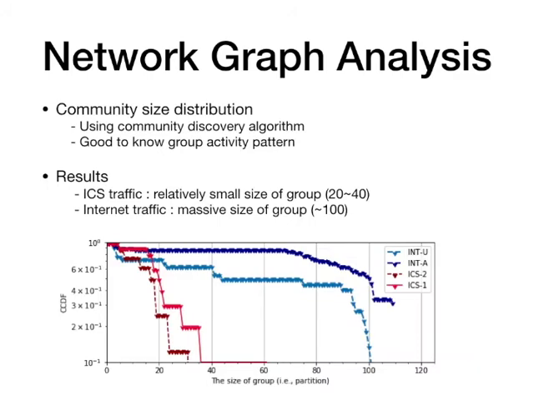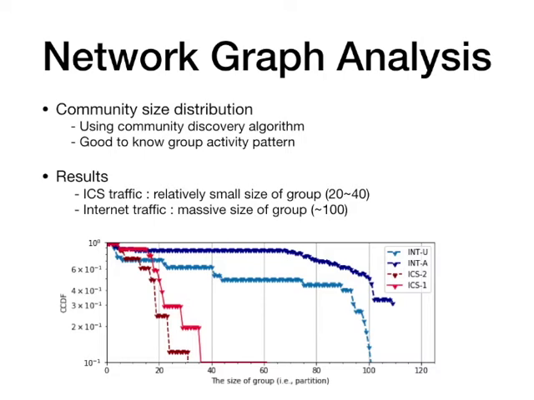We first work with communities. The community discovery algorithm is widely used in many graph analysis researches, so it's good to know how graph activity may look like in each of the traffic. These are the results we can find. When you see the ICS traffic, the size of the communities is relatively small, ranging from 20 to 30, and these are very evenly distributed.